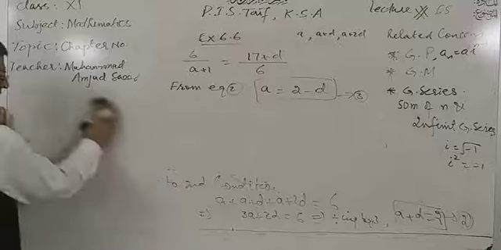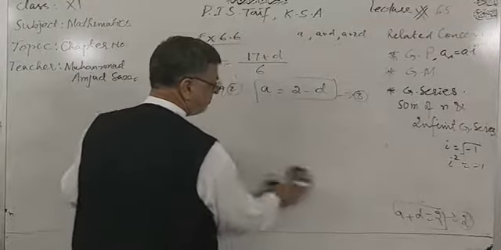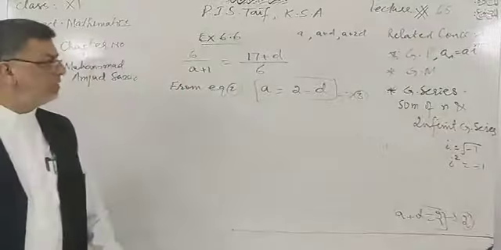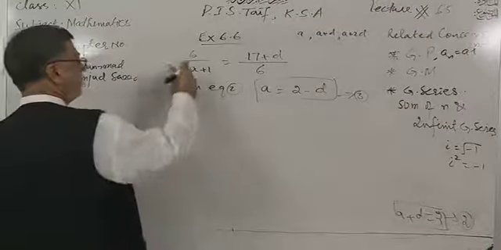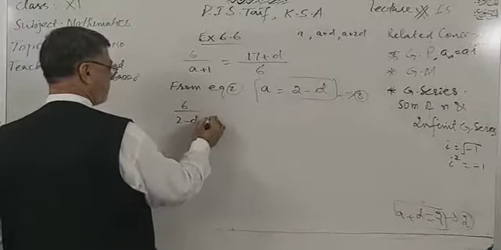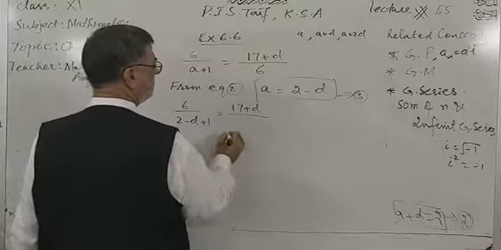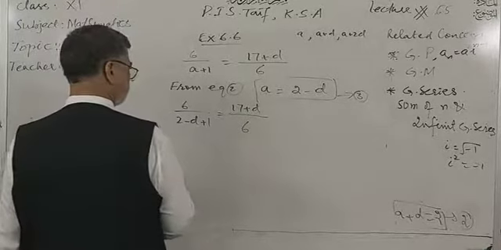Here we can have 6 over 2 minus D plus 1 is equal to 17 plus D over 6.